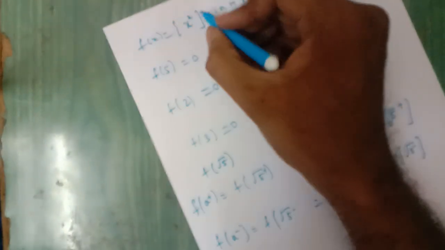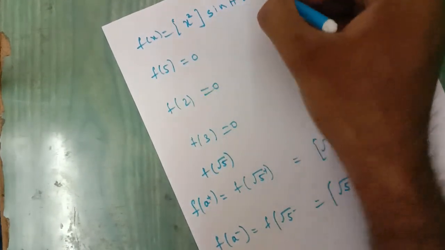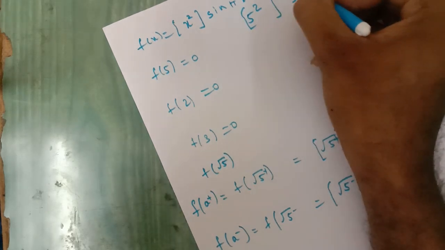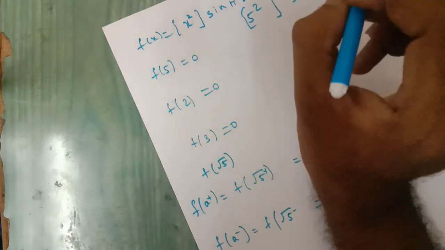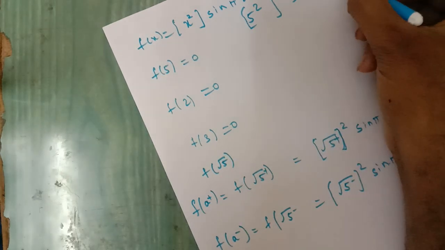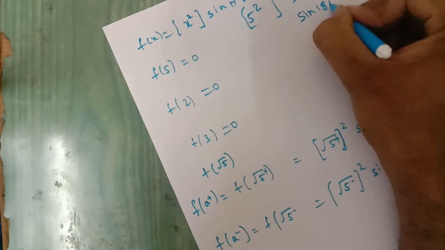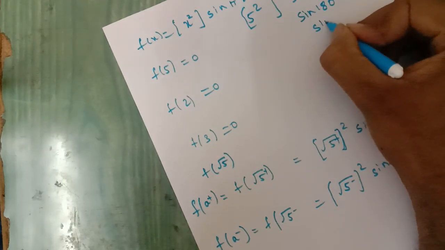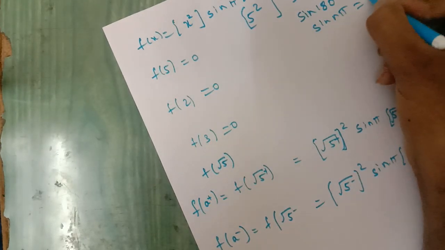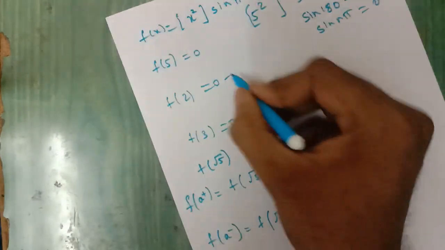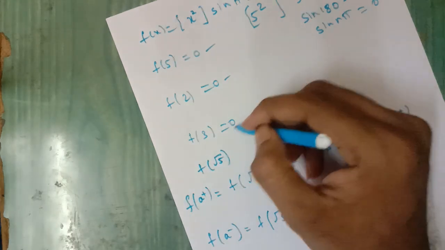So for this option we have 5² sin(5π). It doesn't matter whether it is 4, 5, 6, 7, 8, anything: sin(nπ) is equal to 0. So this value will be 0, f(2) will be 0, and f(3) will be 0.